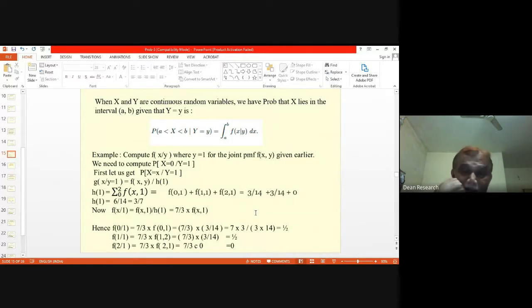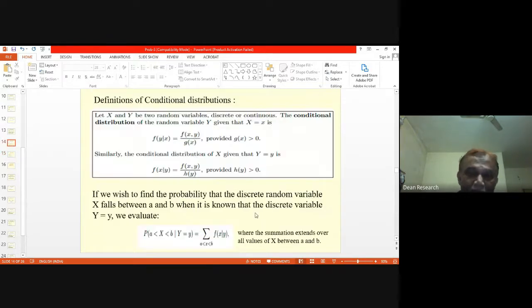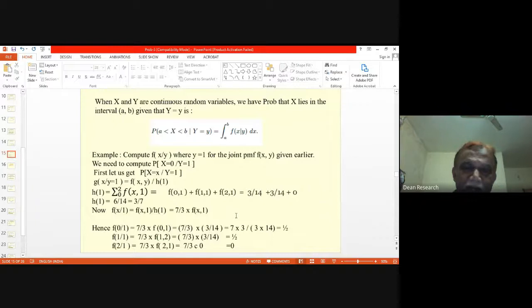That is important. X lies in the interval A to B is given by this formula. This also will illustrate. But what is given here is very simple: x is given to be one value small x, given that y is equal to 1. How to compute that? It is very simple.